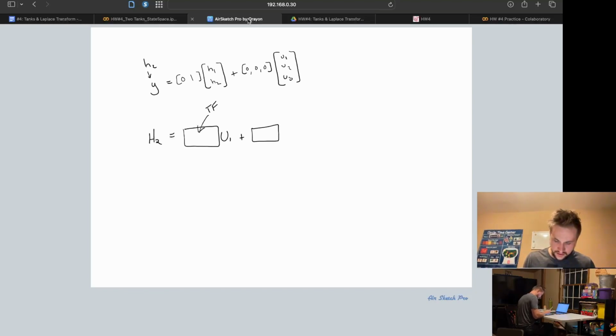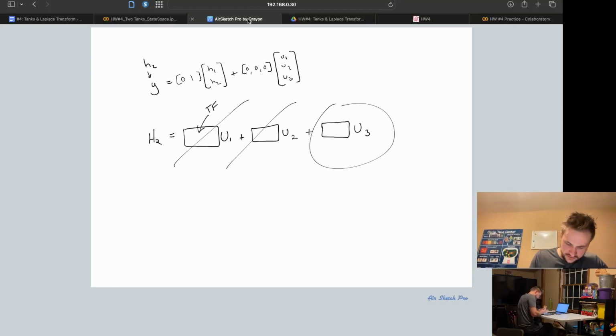Here we've got U1, U2, and U3, and in this case we are just going to be focusing in on U3. It's going to end up producing a polynomial that looks like this.